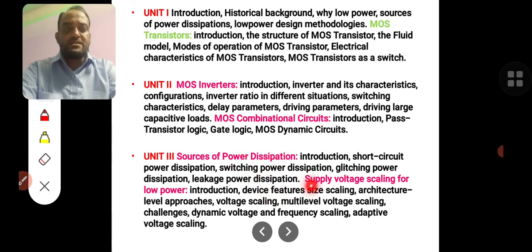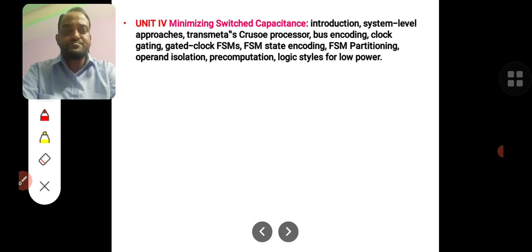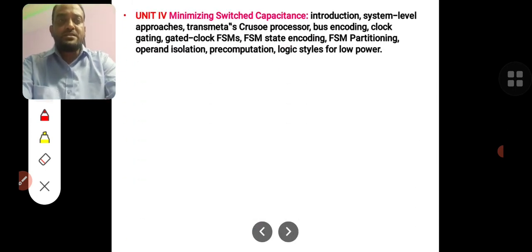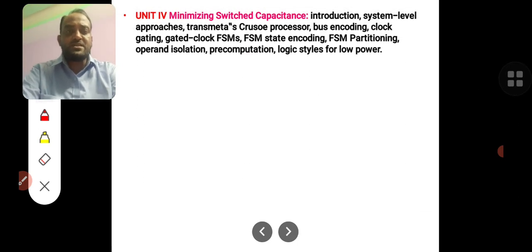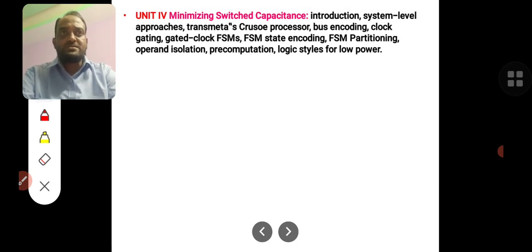After understanding the sources of power dissipation, we will now attempt minimizing the switching capacitance. Switching capacitance always incurs power dissipation. So, if you minimize the switching capacitance successfully, you can easily reduce the power consumption.